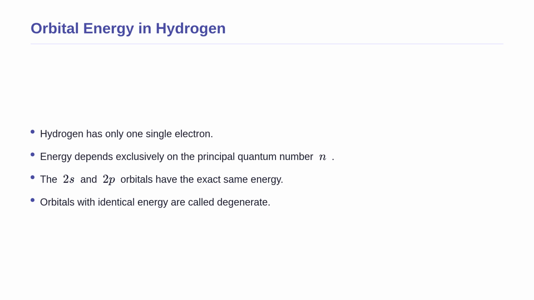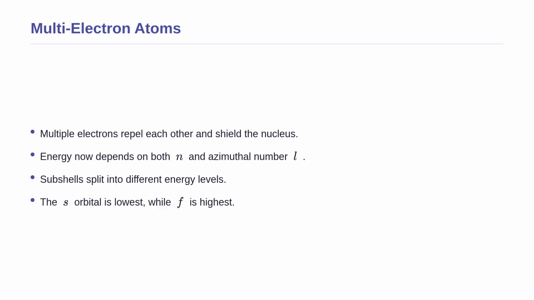But what happens when we add more electrons into the mix? This brings us to multi-electron atoms, where the situation becomes much more complex. When multiple electrons are present, they start repelling each other. This electron-electron repulsion, combined with how well the inner electrons shield the outer electrons from the nucleus, changes the energy landscape.